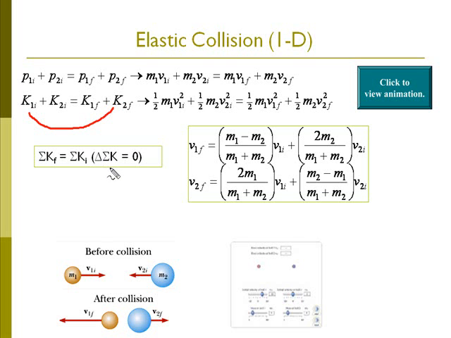Now, does this mean that the system has no kinetic energy? Well, no, not at all. It just means that the kinetic energy the system had prior to the collision is exactly equal to that which it has after the collision.